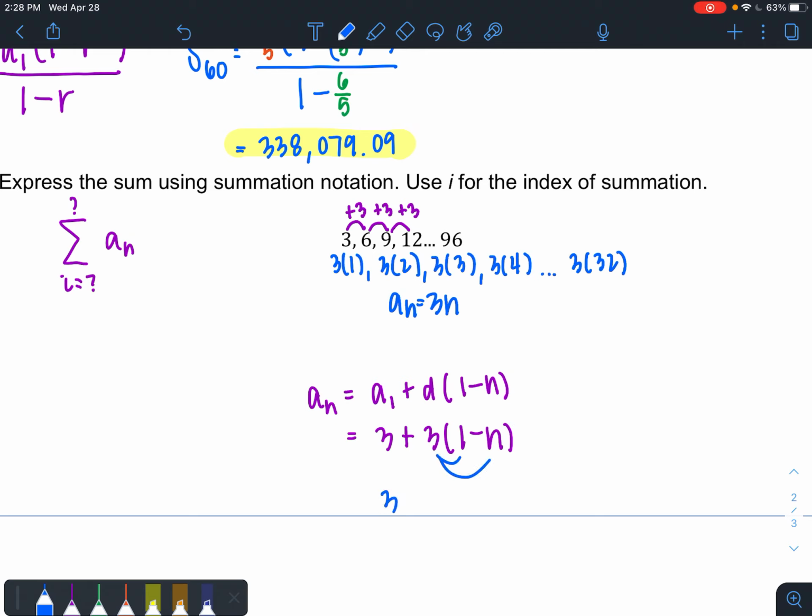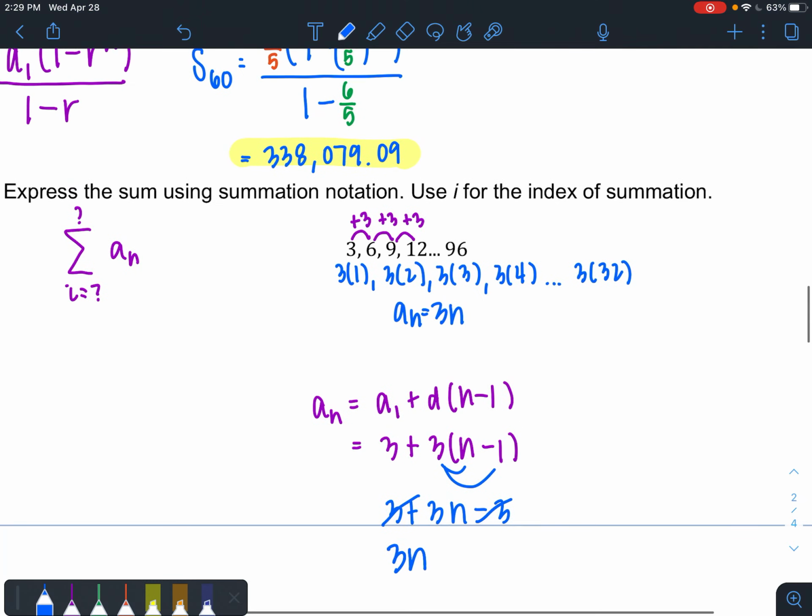So we have 3 plus 3n minus 3. Wait, what did I do wrong? This is n minus 1. Plus 3n minus 3. These cancel and I'm left with just 3n. So this whole thing is equal to 3n, which is what we get up here.